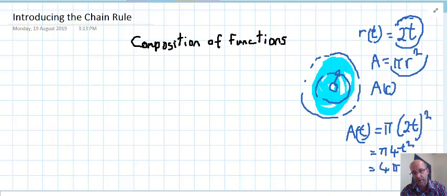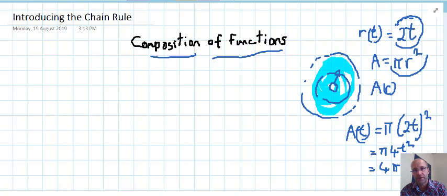So hopefully that's not a new idea, because if you're going to use the chain rule for differentiation, you need to recall this idea of composition of functions. How do we find the derivative of things in this sort of situation where we have a function of a function? So starting with Leibniz notation, it can be shown with limits, like we sort of did in the previous videos, partially done.